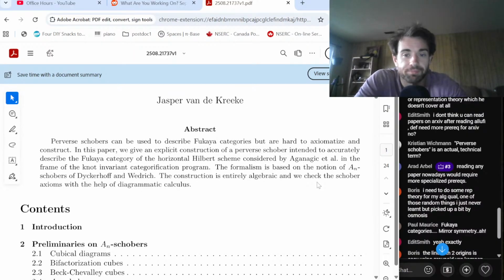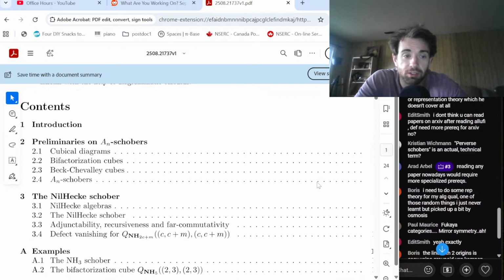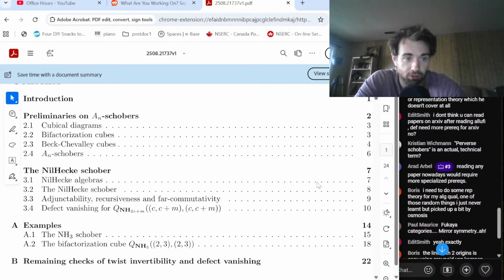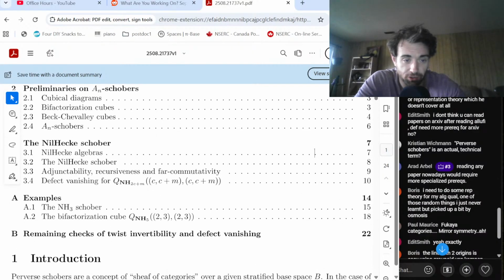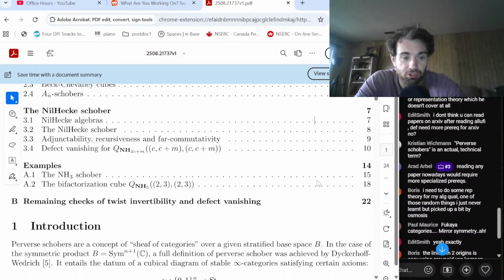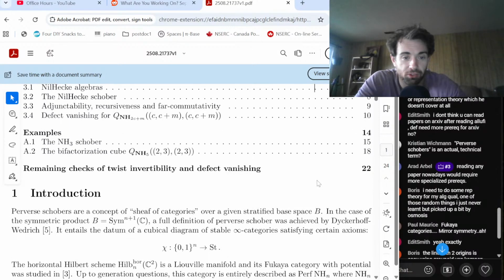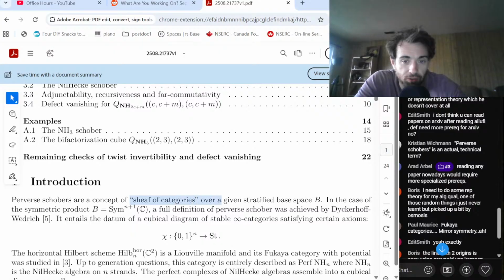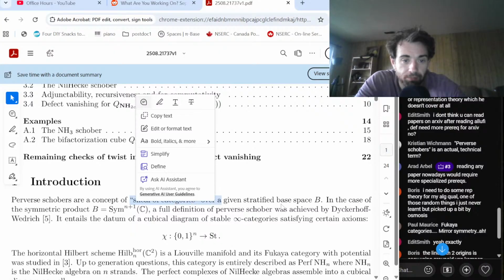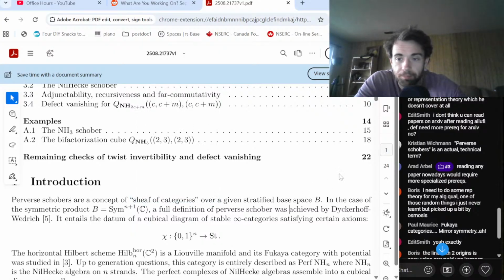Interesting. Yeah, I mean, not only is it an actual term, but apparently they construct perverse Schobers. They're a concept of sheaf of categories. Well, there you go.